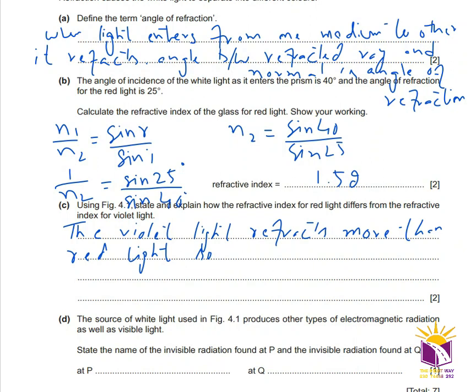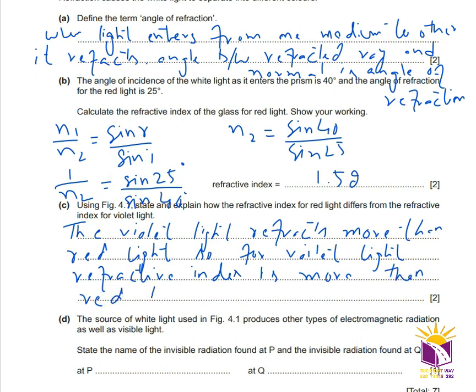So for violet light, the refractive index is more than red light.